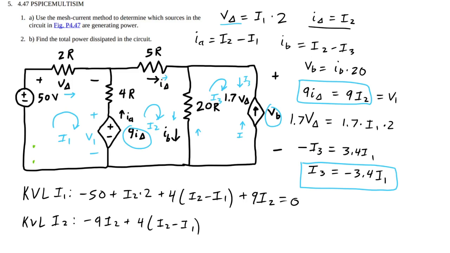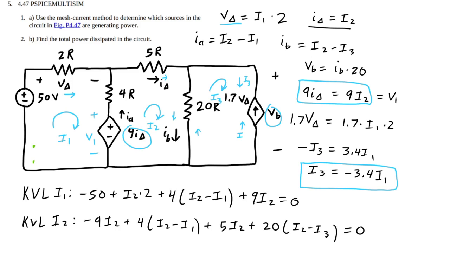It's I2 minus I1. And then we're going to do plus I delta times 5. And I delta we know is I2, so 5 I2. And then 20 times I2 minus I3.